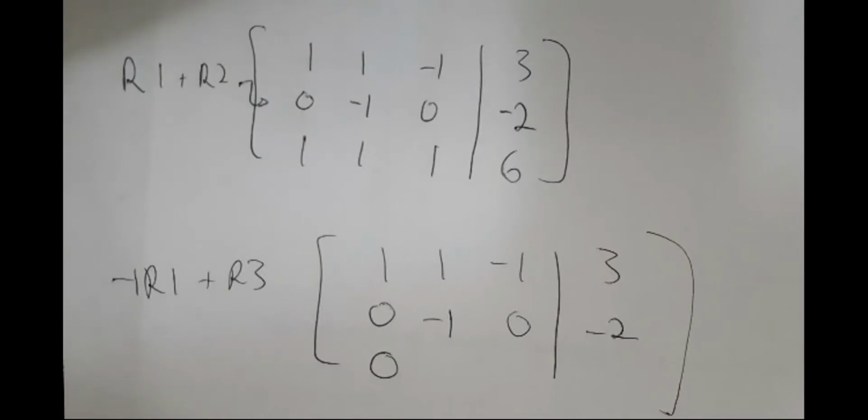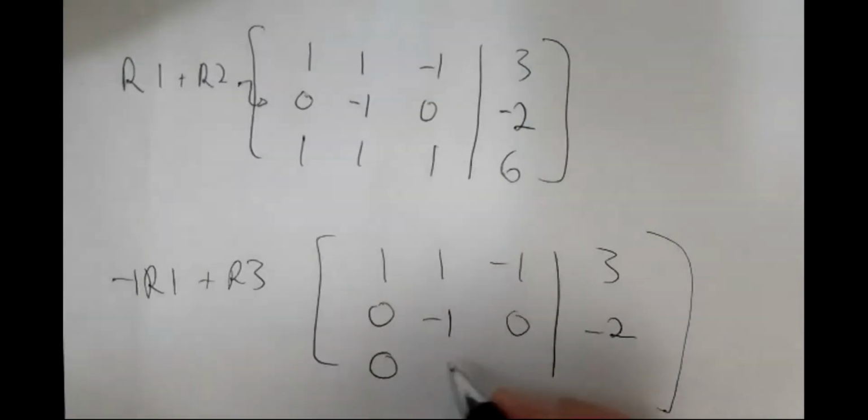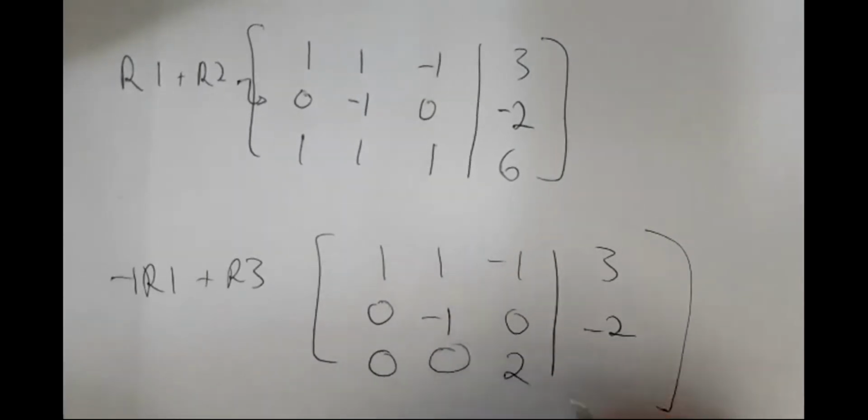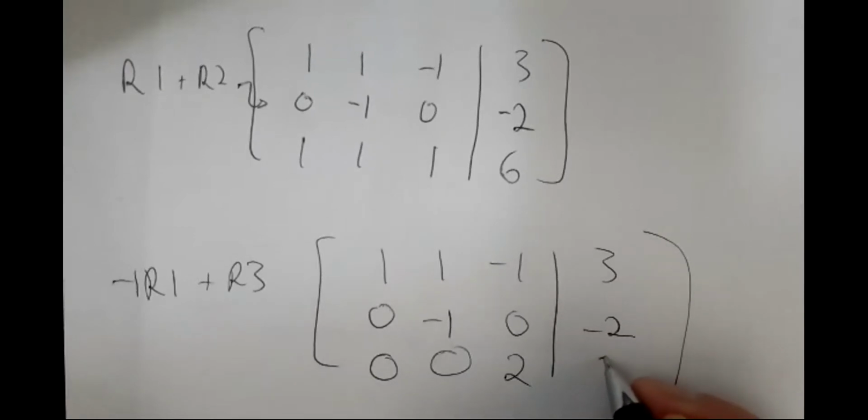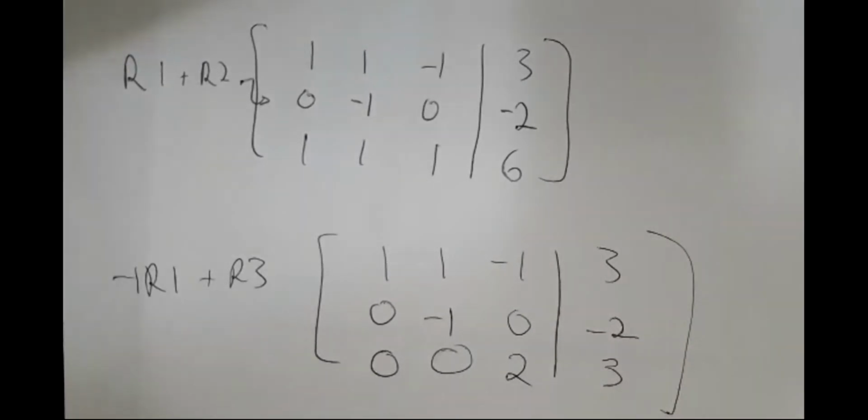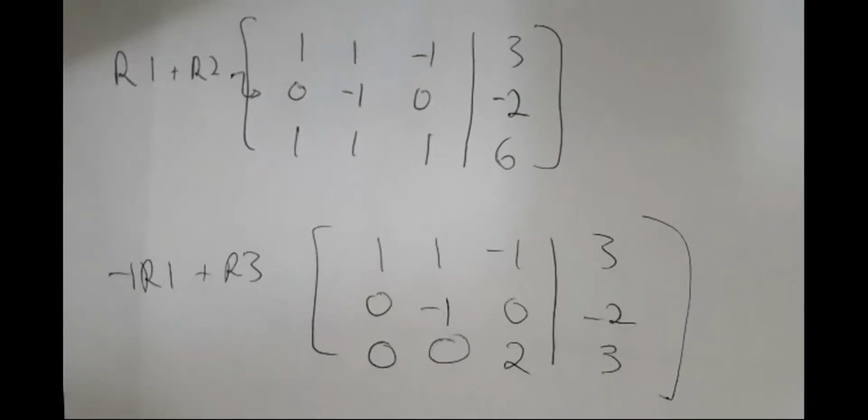You get these other numbers? Okay, so it's 0, and then another 0, and a 2, and 3. Yeah, that's it. I'm gonna put R1.